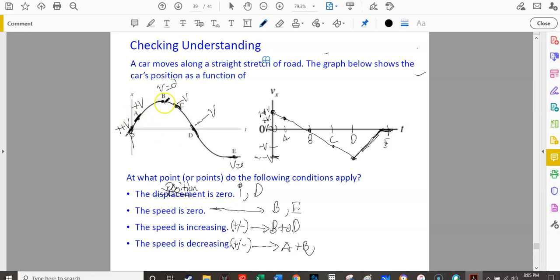Because it's becoming less slope. And here now it's becoming more steeper. And then from D to E, it looks like the speed is decreasing over time.